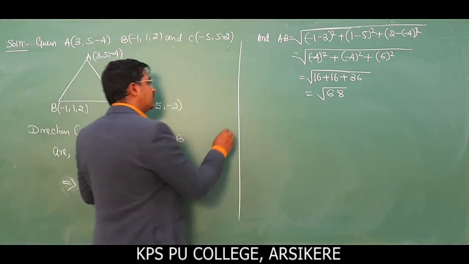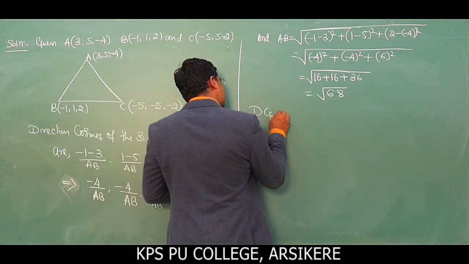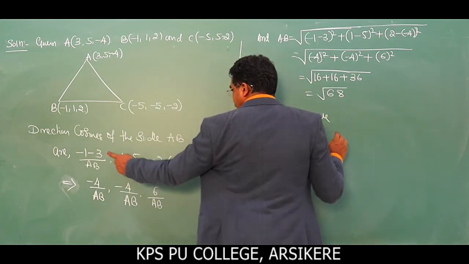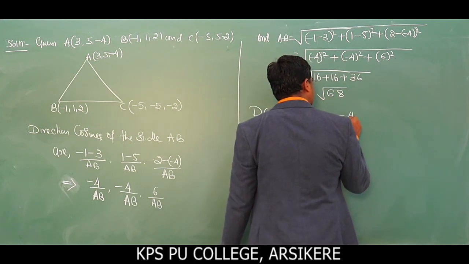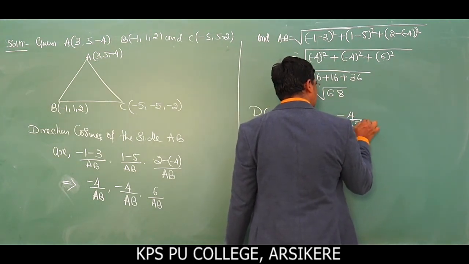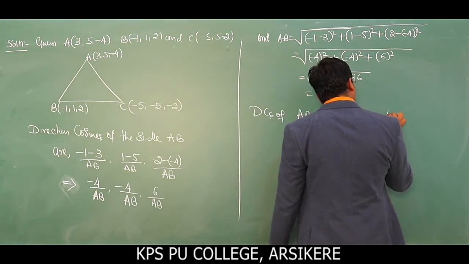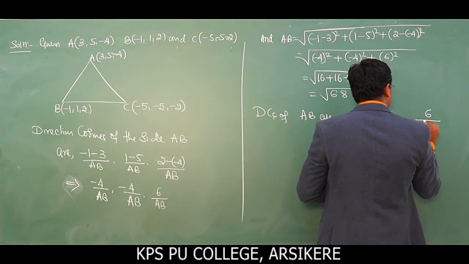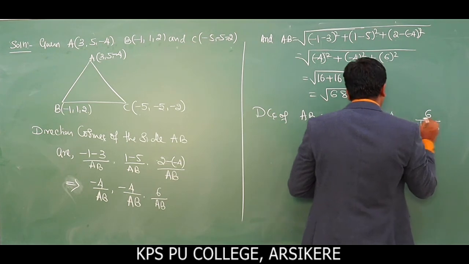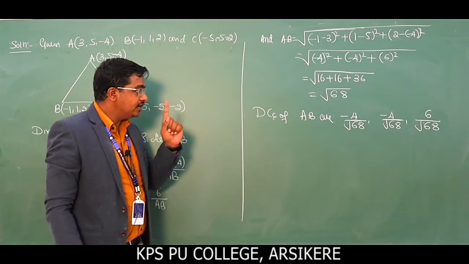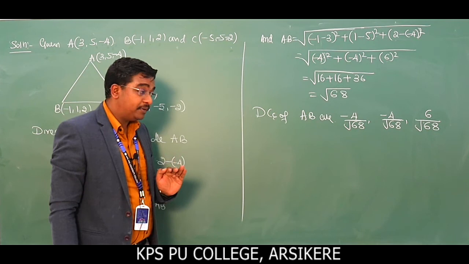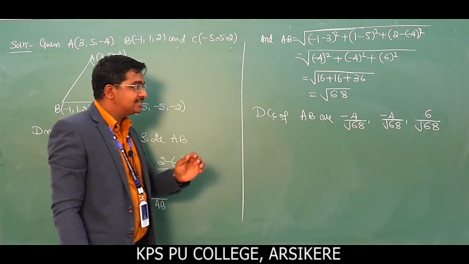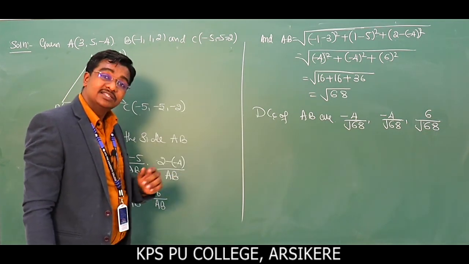And therefore the direction quadrants of AB are minus 4 divided by root of 68, comma, minus 4 divided by root of 68, comma, 6 divided by root of 68. So these are the direction quadrants of the side AB.